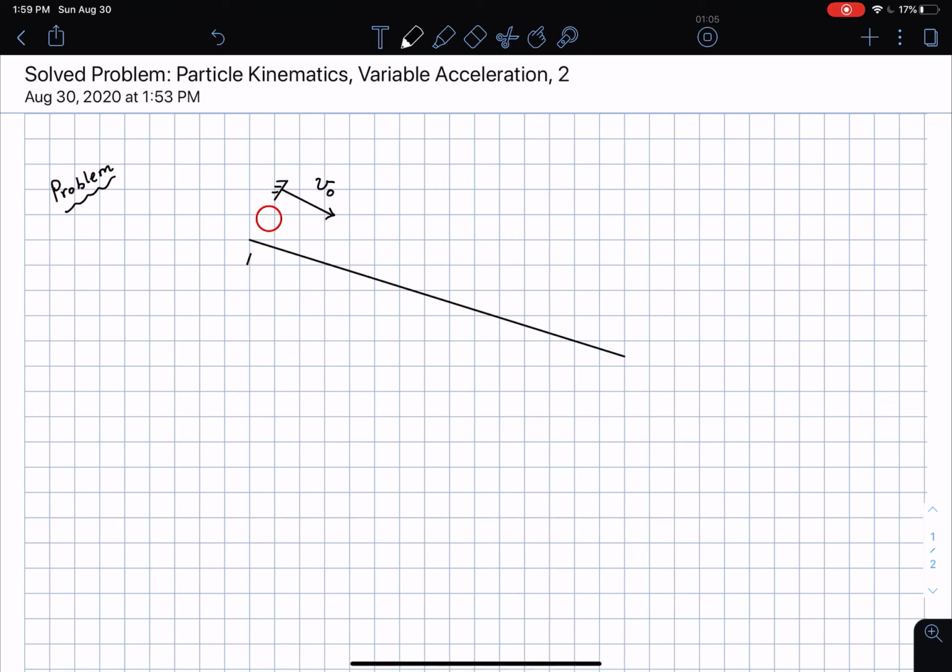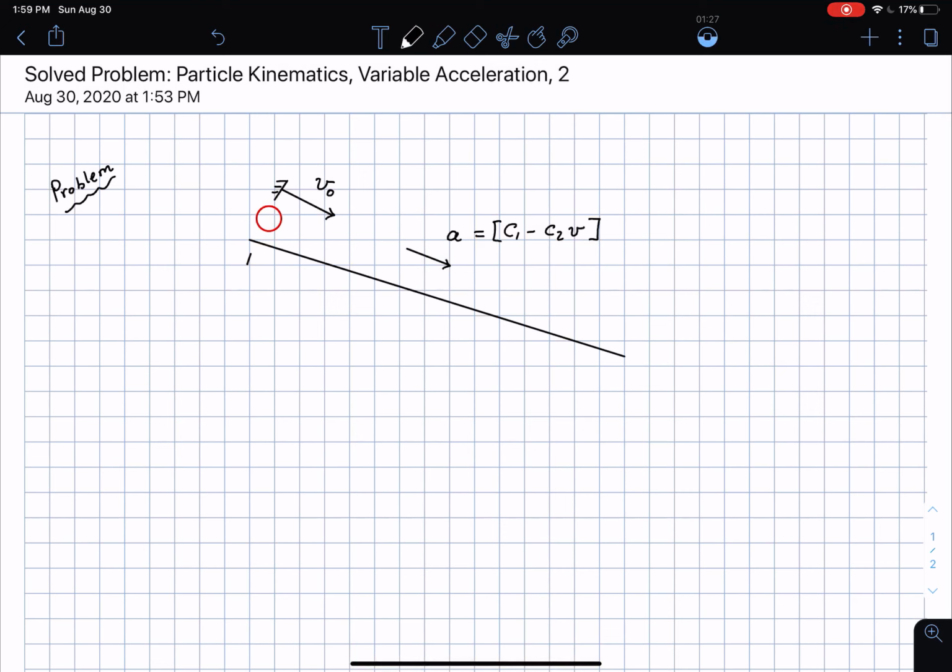Then what happens is that as the particle travels down the ramp, the particle faces an acceleration which is given in the following form. At any point along the ramp, the acceleration of the particle is a = c1 - c2 v.